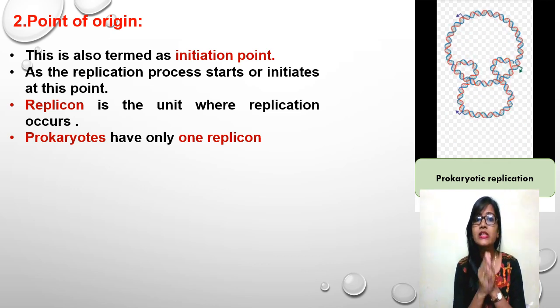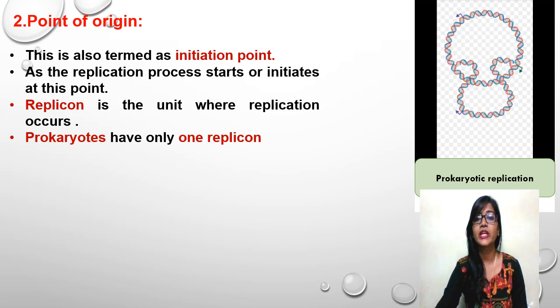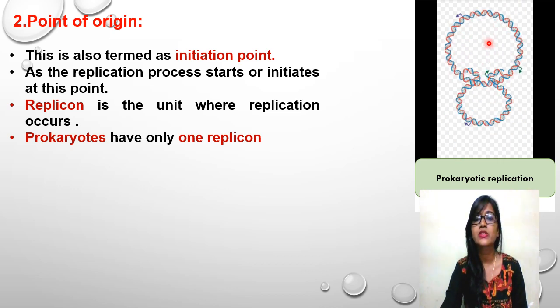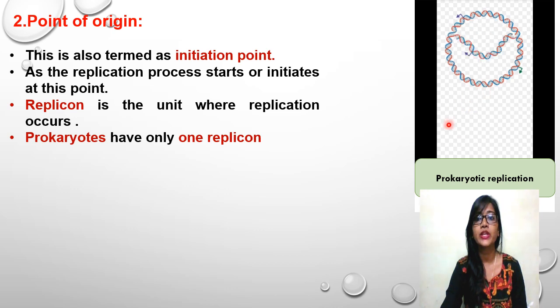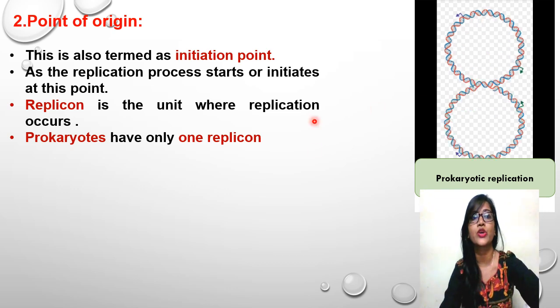Here in this slide, we are not talking about eukaryotic replication. As you can observe in this diagram, this is related to prokaryotic replication. This is a circular DNA of prokaryotes, and you can see one circle is getting replicated, or copied, into another. There is a single initiation point if you are talking about the prokaryotic cell.